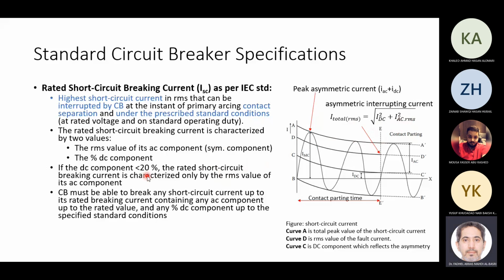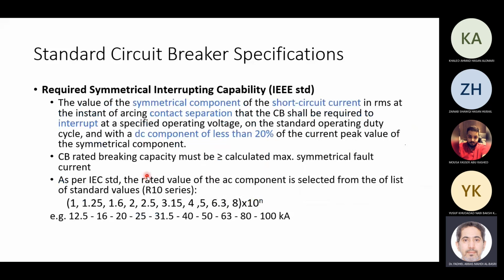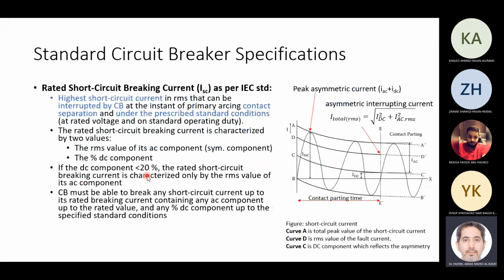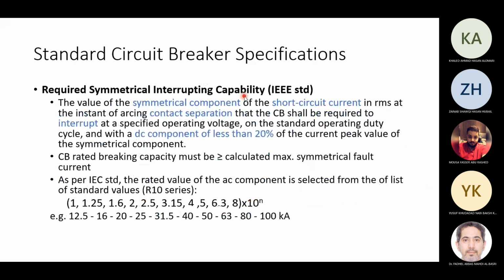And this is according to the IEC standard. According to the same terminology, they don't call this rated short circuit breaking capacity. They call it rated symmetrical interrupting capability. Symmetrical means the AC components of the fault current.